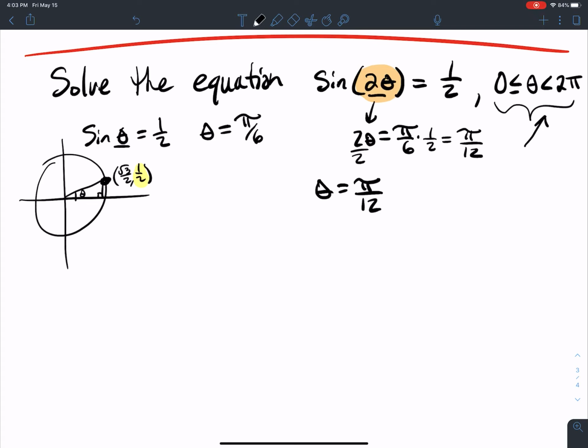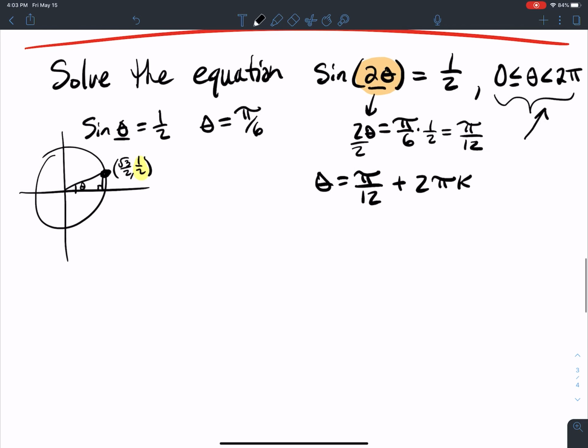And all we have to do to get all those general solutions is add 2 pi k to that. Okay. Ooh, wait a second. Let's think about this. Is 2 pi the length of the period? Well, the period for sine theta is 2 pi.